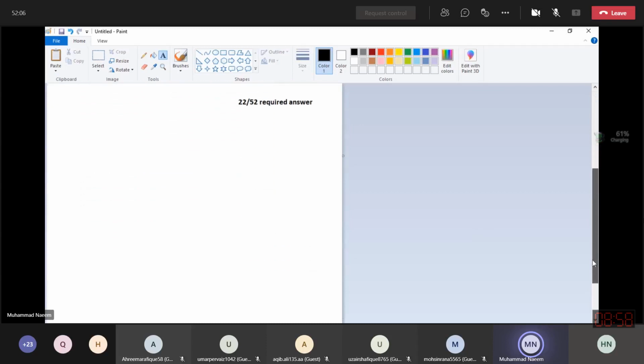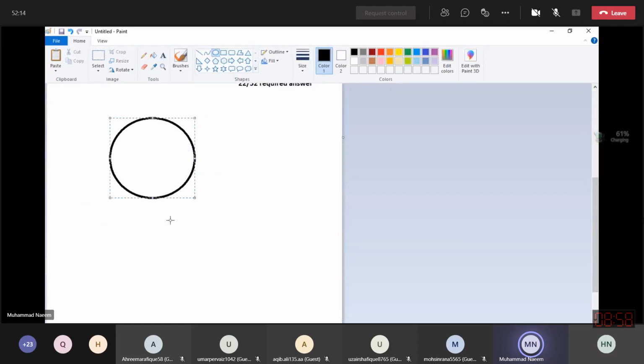Actually, in this case, we have three sets. We were having three sets: 1, 2, 3. What we need to do, we need to avoid the overlapping.